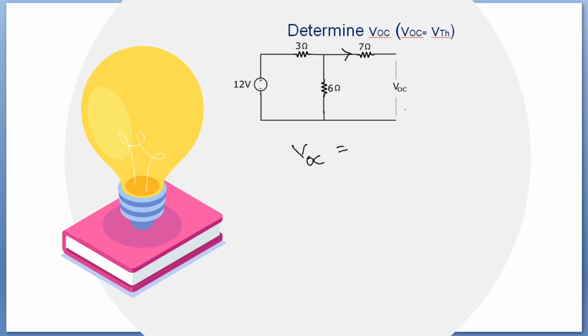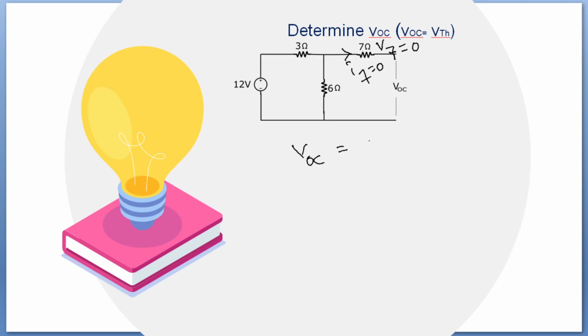Because it has no closed path, so the current through the 7 ohm resistor is 0. Therefore the voltage drop across the 7 ohm resistor is 0, and VOC is nothing but the voltage drop across the 6 ohm resistor.